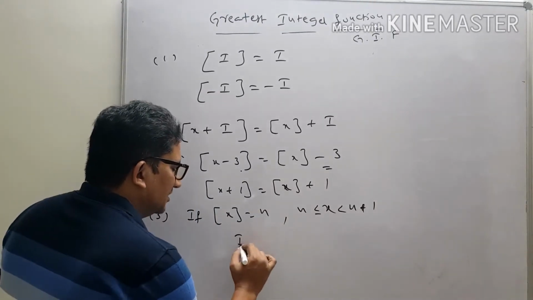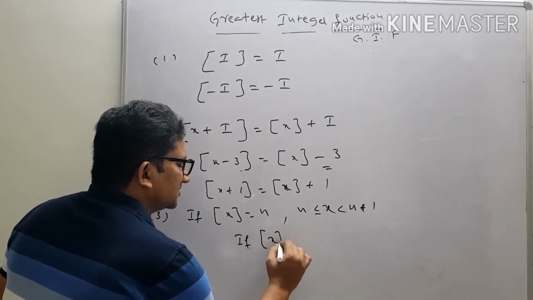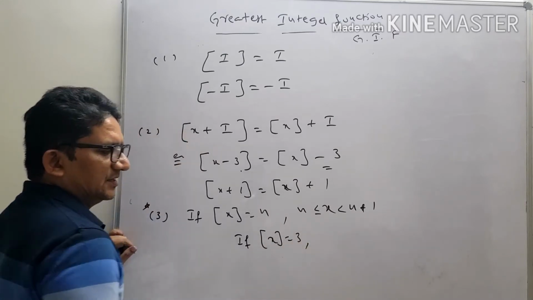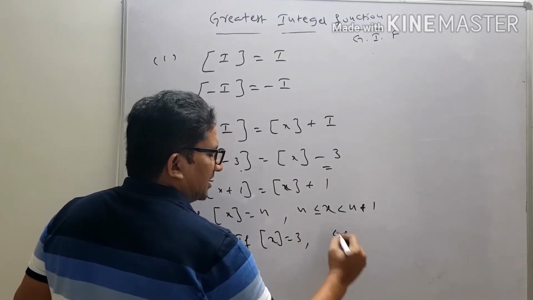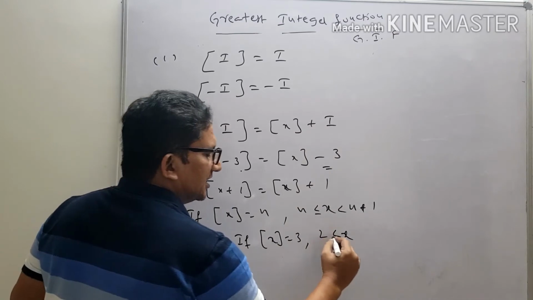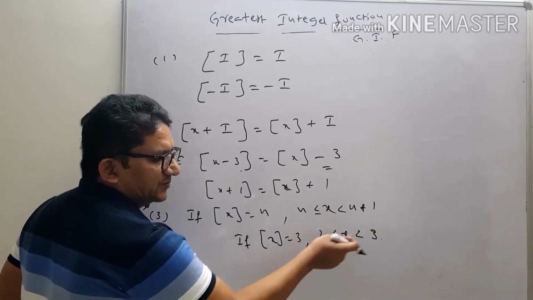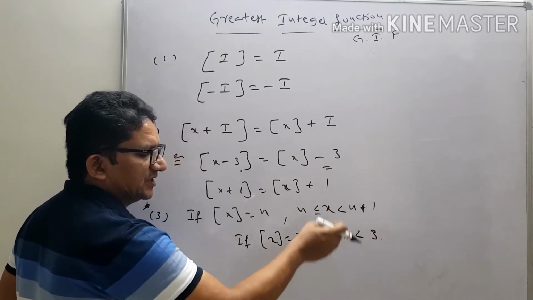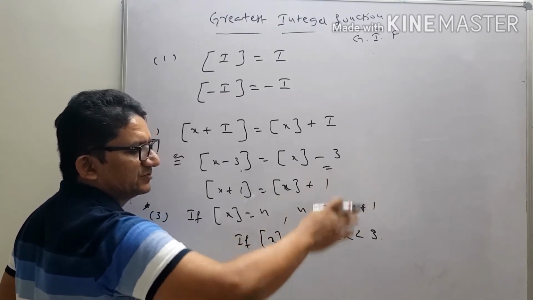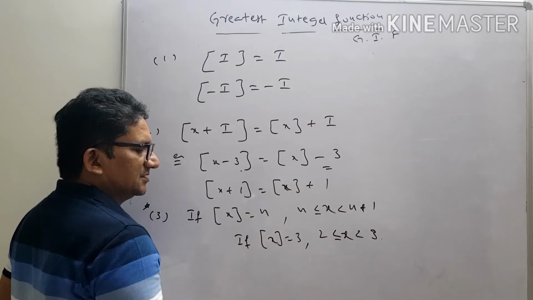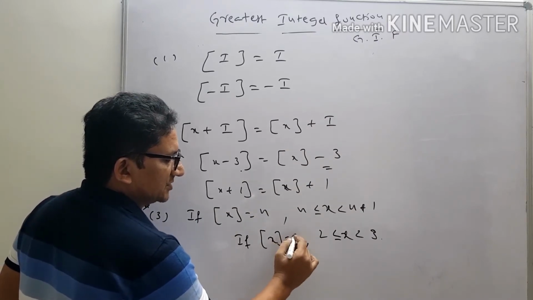See, if box of x is equal to 2, then x lies in between 2 and 3. For x, if you give any input in between 2 and 3, that is 2.1, 2.2, 2.3, 2.4 up to 2.999, the result will always equal 2.